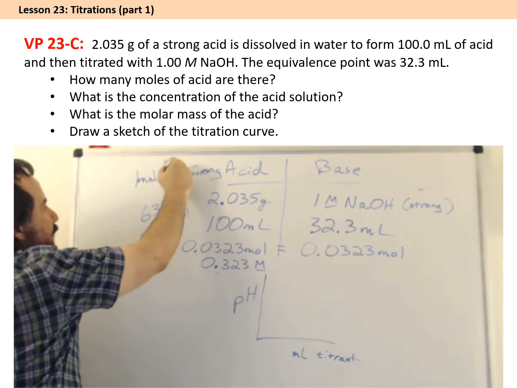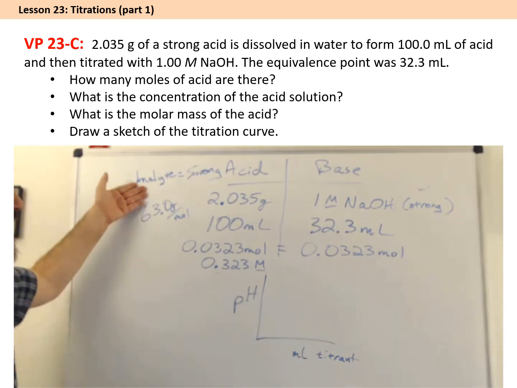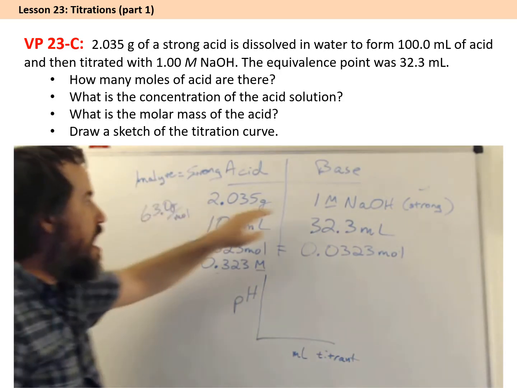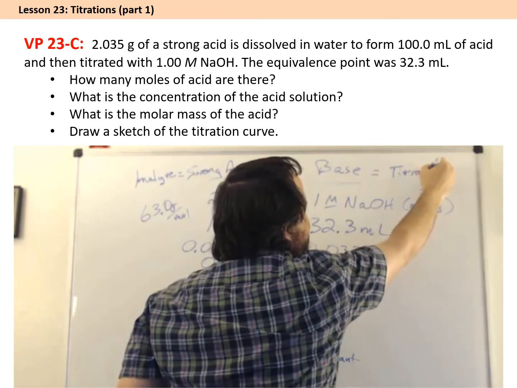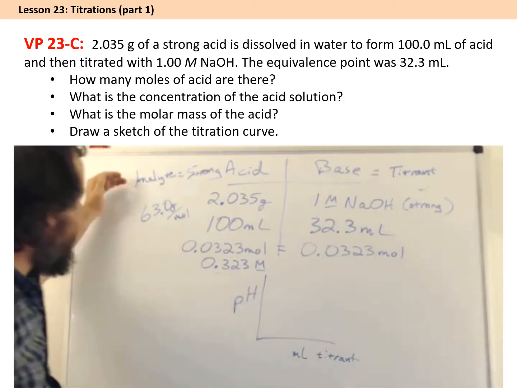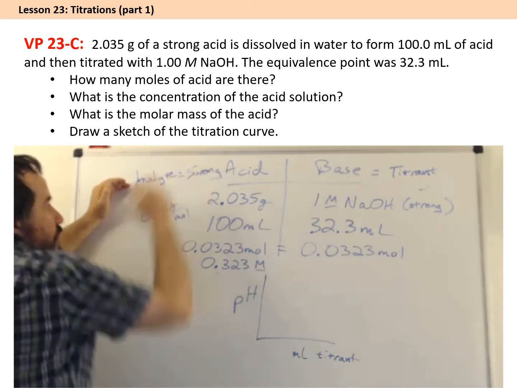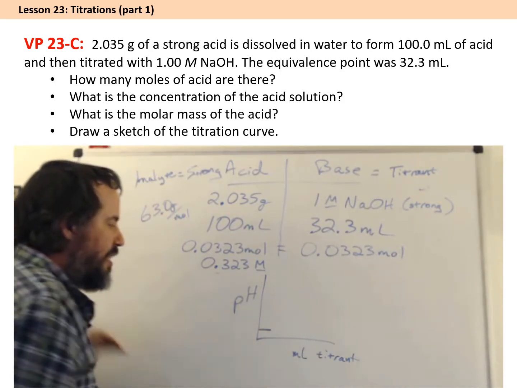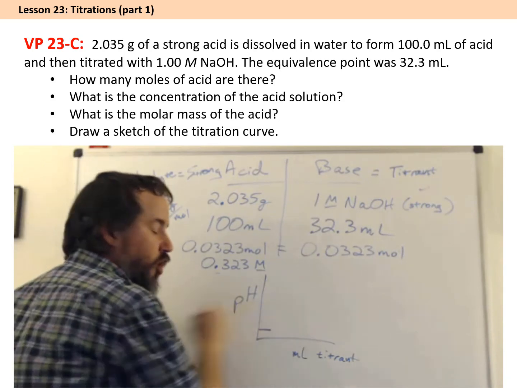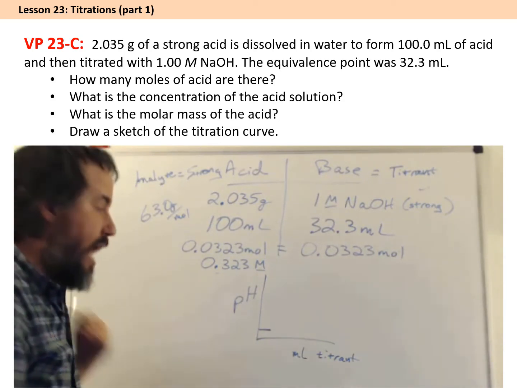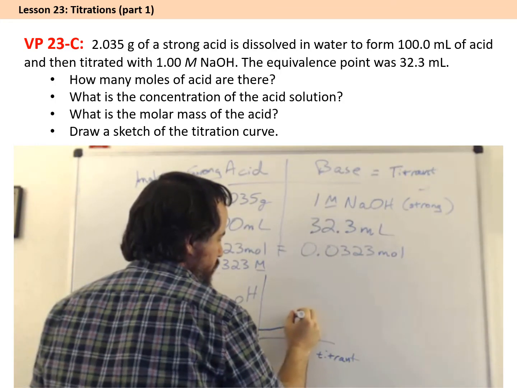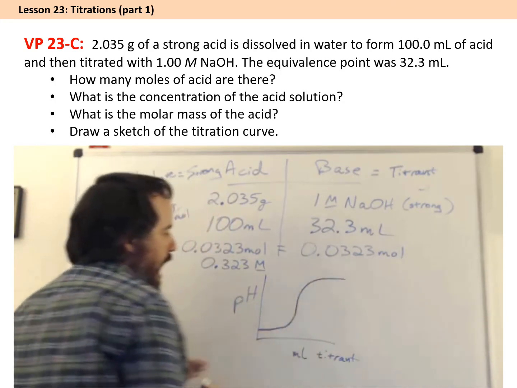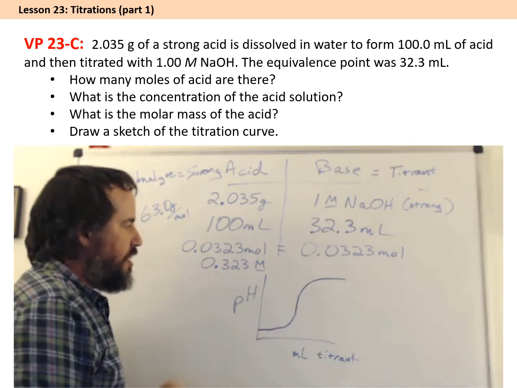It's my analyte because I didn't know its concentration. I knew the concentration of my base, so that's my titrant. And my analyte is what I start off with. So if I start off with a strong acid, I'm going to start off at low pH. And then I'm going to add in base. So it's going to increase.